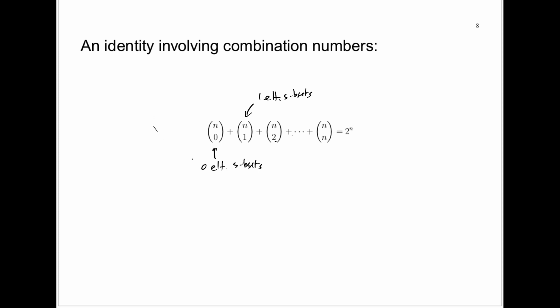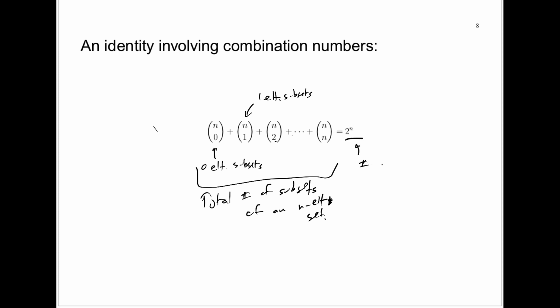So the total on the left should be the total number of subsets of an n-element set. Well, what about on the right? We just showed that this is also the total number of subsets of an n-element set.